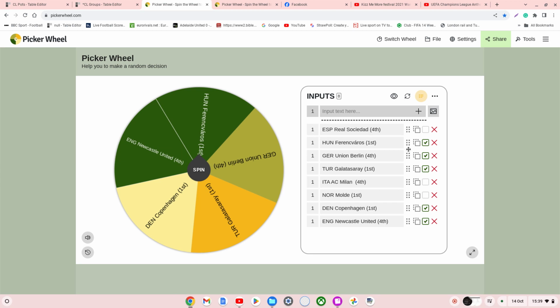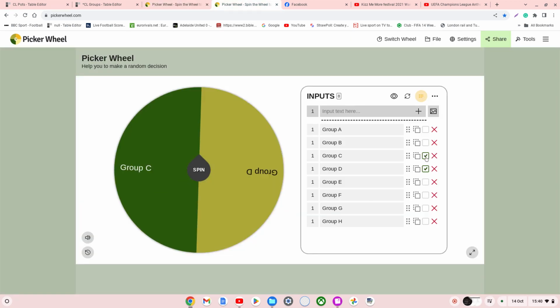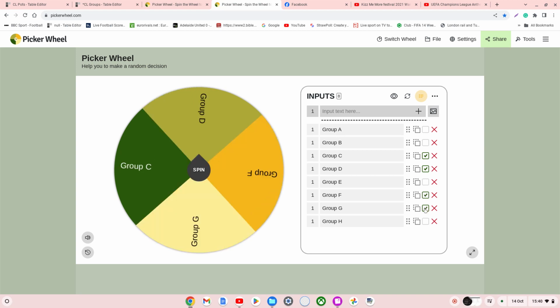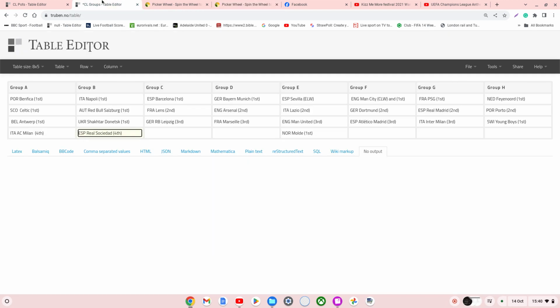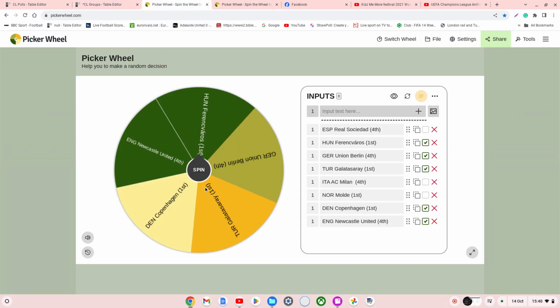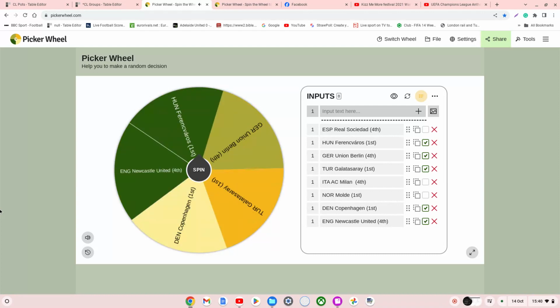Right. Let's put the groups back. C, and then all three of them there. Right, let's move on to the next team. Who's it going to be?